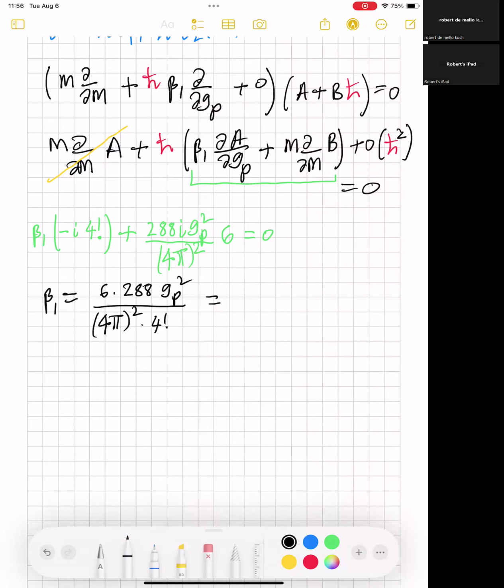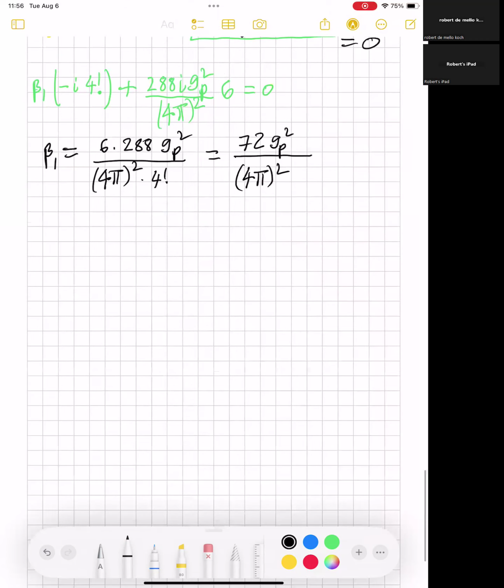And remember that 288 was 4 factorial times 4 factorial divided by 2 for the 2 equivalent lines. So then it's pretty easy to do that division. And we just get 72 GP squared over 4π squared. Great.